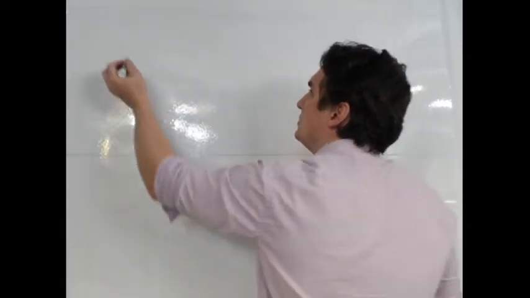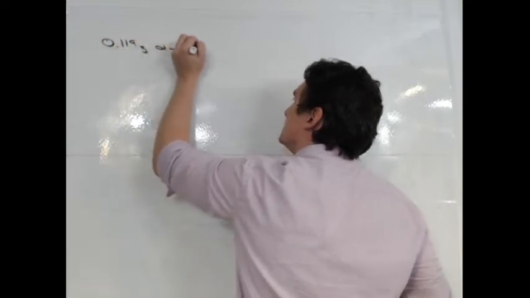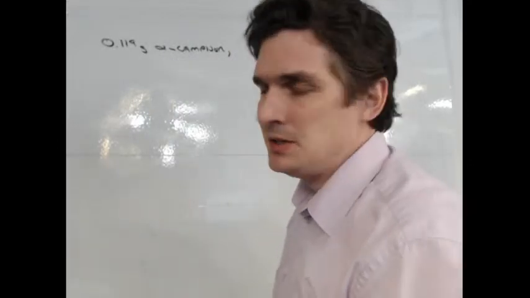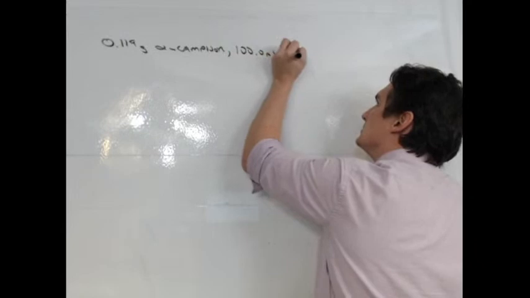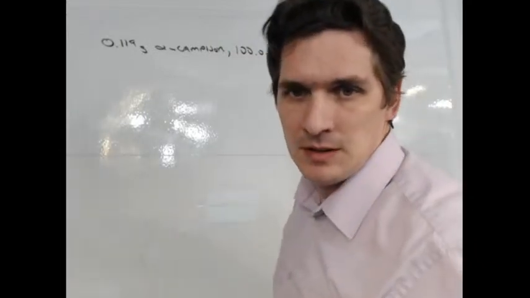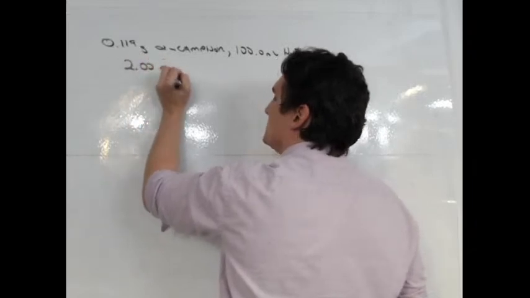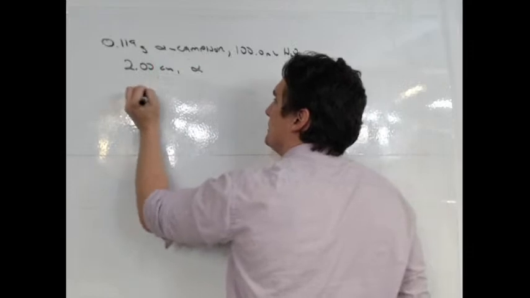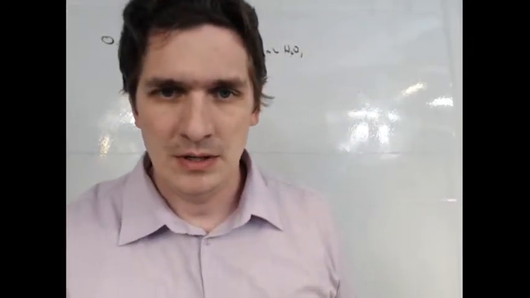So 0.11 grams of alpha camphor dissolved in 100 mLs of water, and put in a polarimeter with a path length of 2.00 centimeters, and we want to know what the observed rotation is. So alpha D, in this case, is given to you.